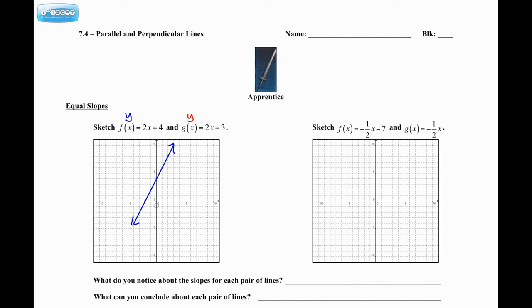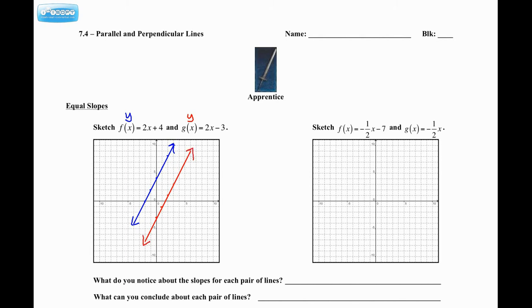So the y-intercept is negative 3, it's down here, but it's the same slope. There we go. So I will trace out that line. Looks like that. Kind of slipped on me, but oh well.